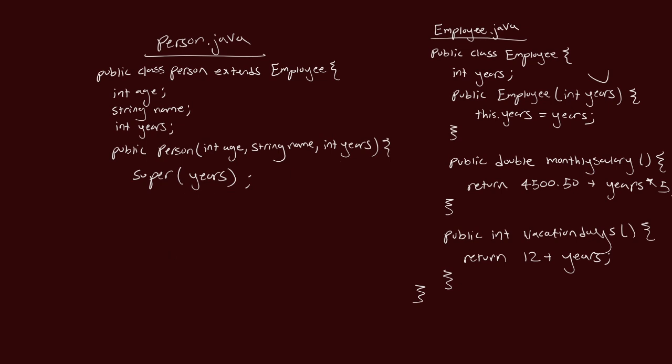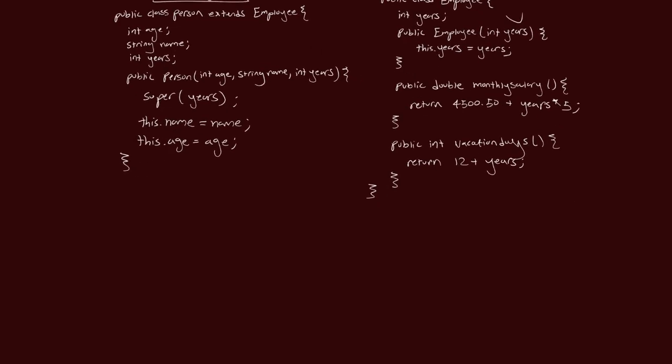Then you set up your other constructor values. Now let's return our age and name.